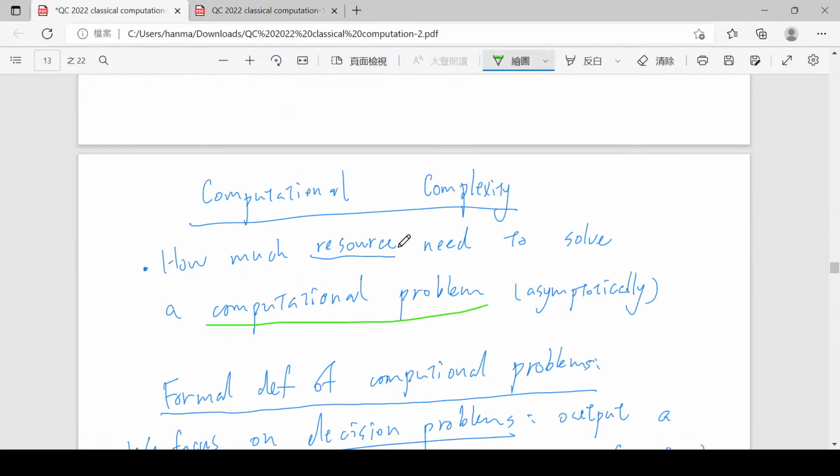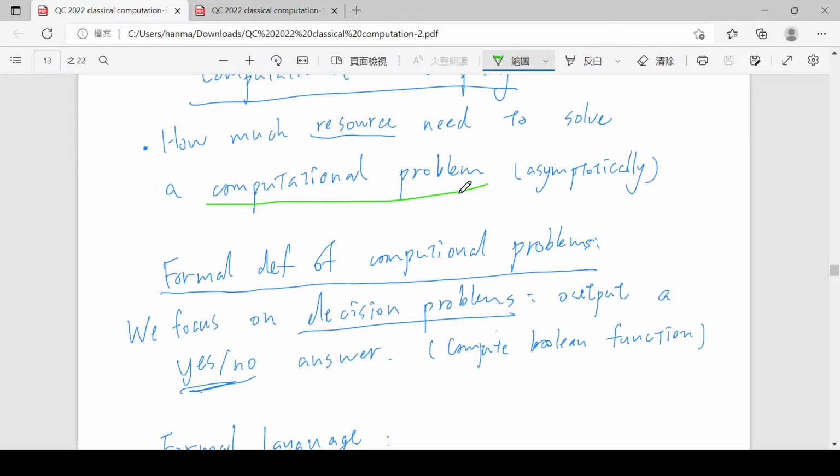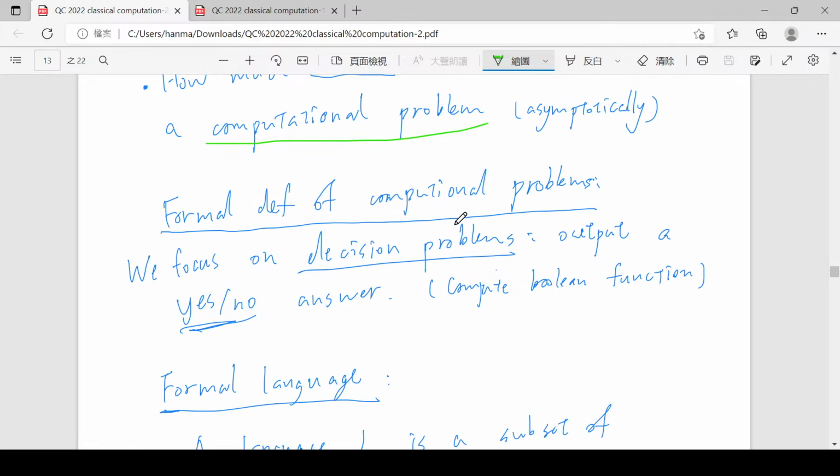And then switch to this slide. Then we start to talk about computational complexity. In computational complexity, we study how much resource we need to solve a computational problem asymptotically. Last time we already covered what a computational problem is.